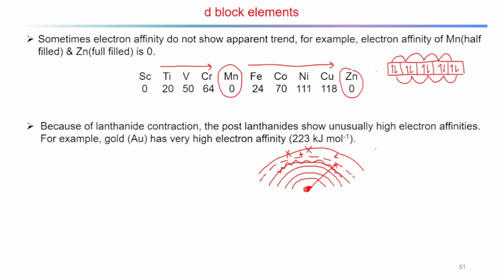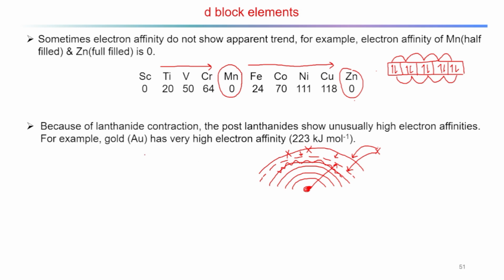If these F electrons were not there, you had to place an additional electron here. But now as you have F electrons, D electrons, because their shielding effect is less, this orbit has shrunk here. Now you are placing this electron here, much closer to the nucleus. So that's why these post lanthanides have unusually high electron affinities.